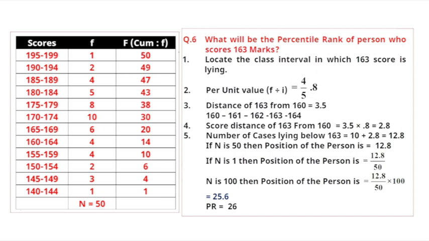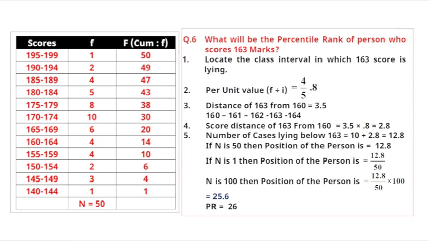I have written the scores 160, 161, 162, 163 and 164. I want the distance of 163 from 160. Now it is 1 unit, 2 units, 3 units, and 163 can go up to a maximum of which value? 163.5, because if you say 163.6 and round up, it will become 164.